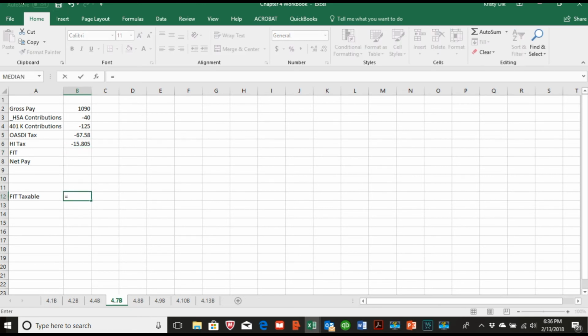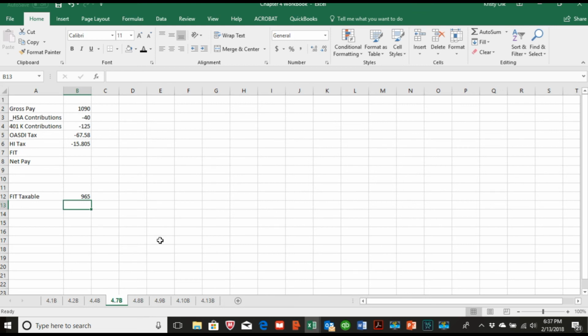So she starts with the $1,090. The $125 for 401k is not taxable. That is a deferred compensation plan and is exempt. However, because the $40 is not part of a qualified plan for her HSA account, that is taxable. So her FIT taxable wage is $965.